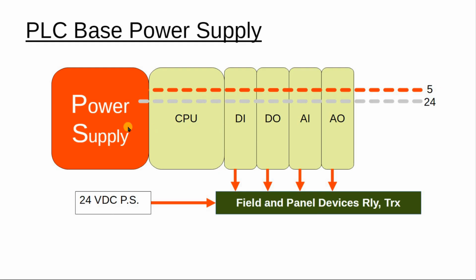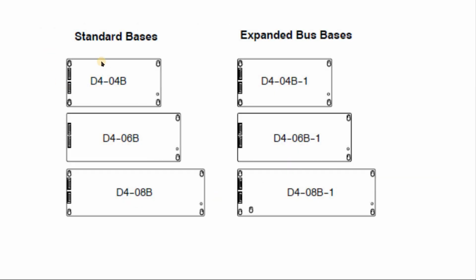The 5 volt will go to power all the electronics in our cards. If the power supply in base 1 is not adequate for all our I/O cards, we have to move some of the cards to a new base with a new CPU and leave the rest empty.